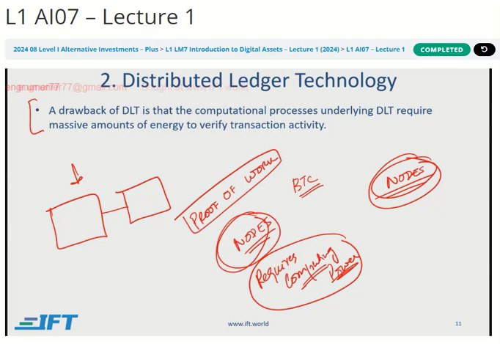Now, the drawback of this is that we're talking about massive uses of energy just to bypass not having a central authority, right?